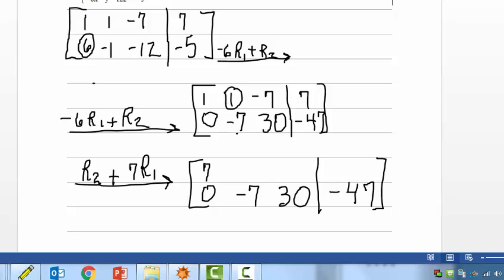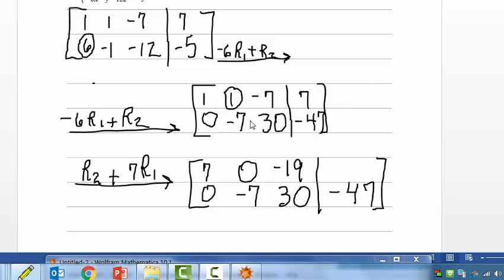Seven times 1 plus negative 7 gives me 0. 7 times negative 7 is negative 49, plus 30 is negative 19. Okay, now I'm doing 7 times 7, which is 49, plus negative 47, which leaves me a 2.